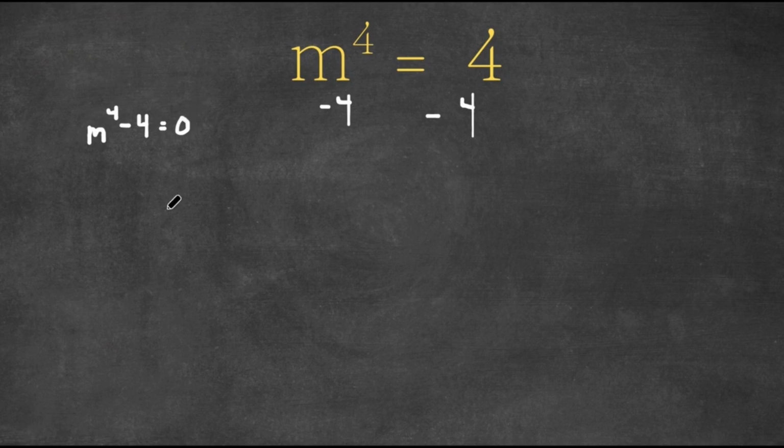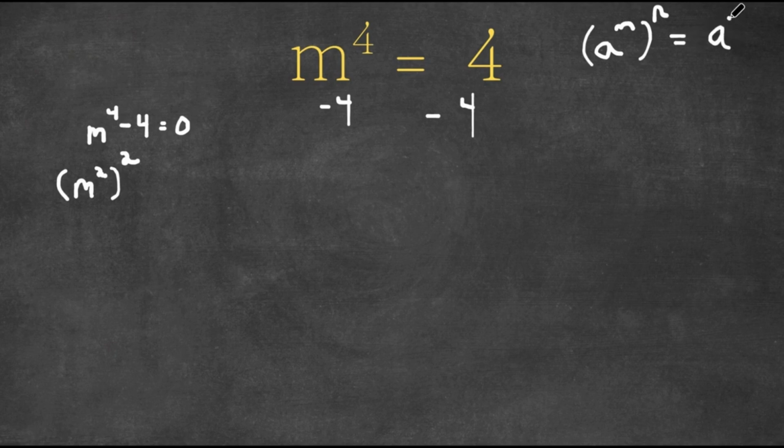Now what I'm going to do is change m to the power of 4 to m squared to the power of 2, because remember, if we have something in the form a to the power of m to the power of n, this is equal to a to the power of m times n.